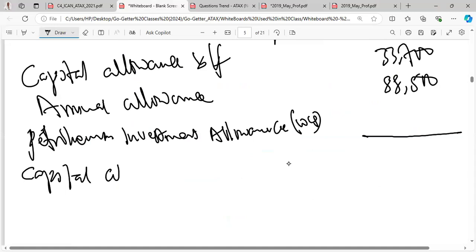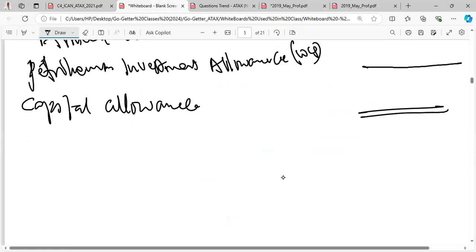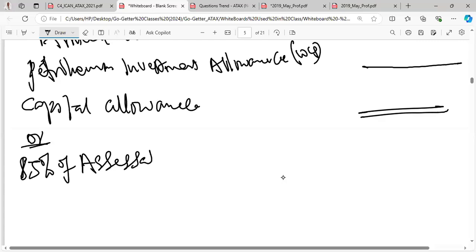When we add it to this, we are going to get our capital allowance here. So we are going to check this. Now we'll check 85% of assessable profit. So that will give you 0.85 multiplied by your assessable profit.